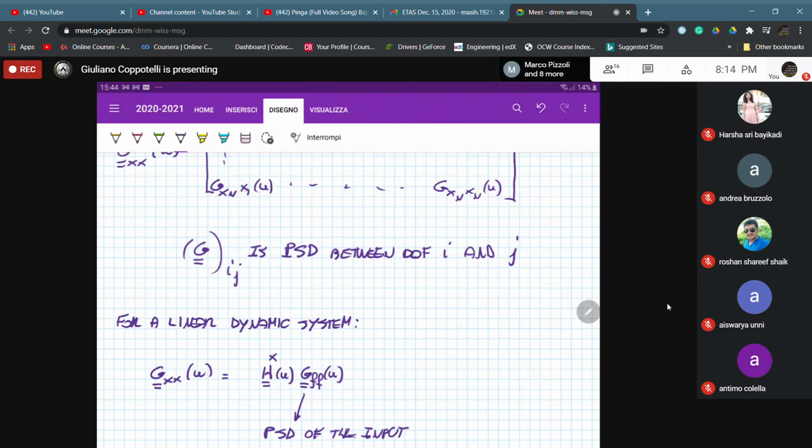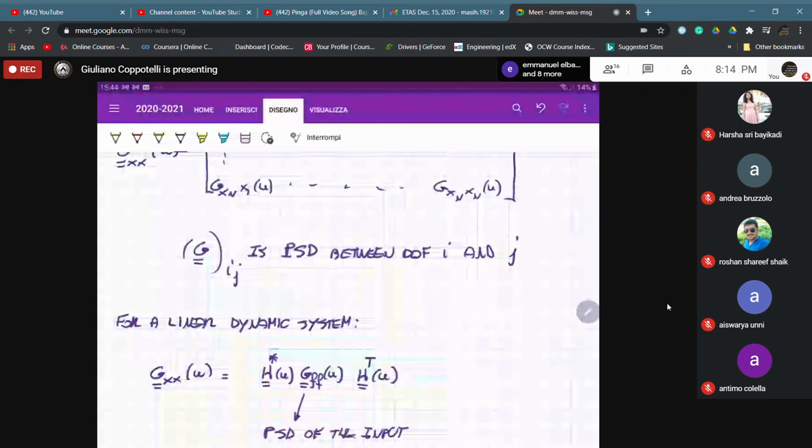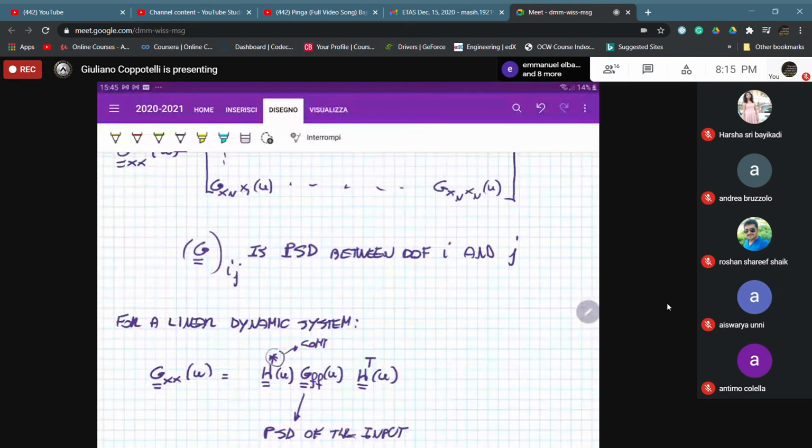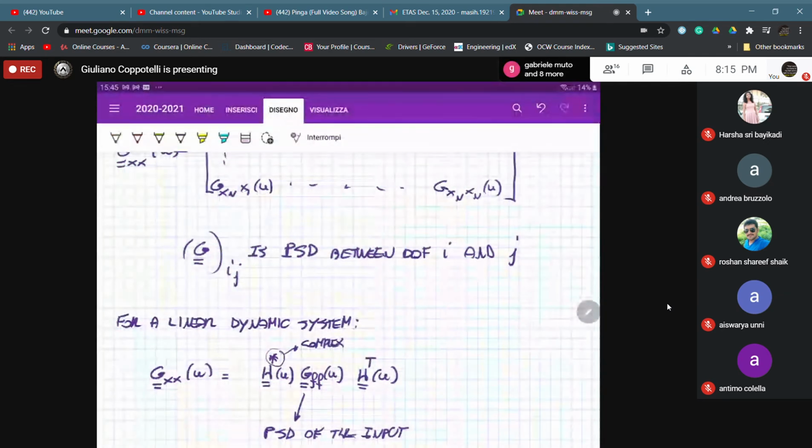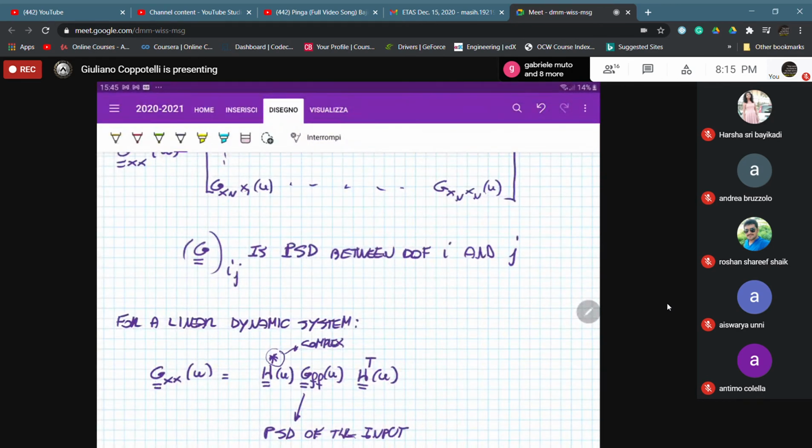Here the bar is complex conjugate, and there H of omega is transposed. So this is just the complex conjugate and transpose operation.